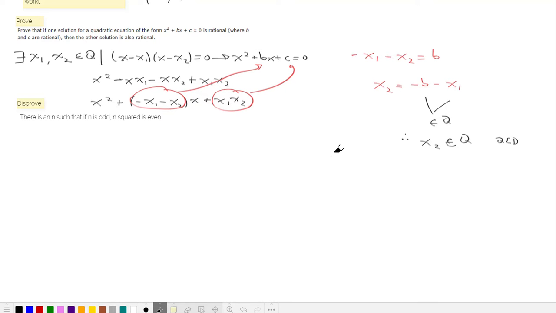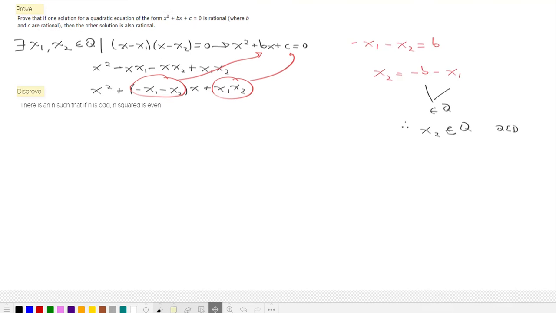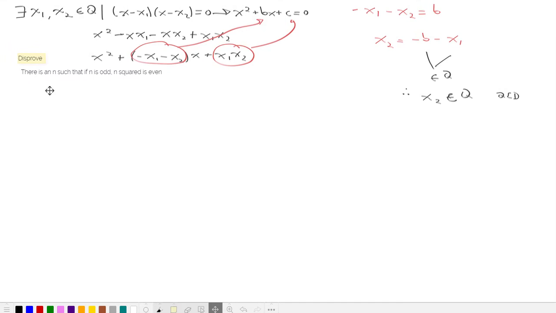Okay, finally, one last one. I want to disprove an existential. There is an n, such that if n is odd, then n squared is even. Okay, well, to disprove, we'll go back to the presentation again.